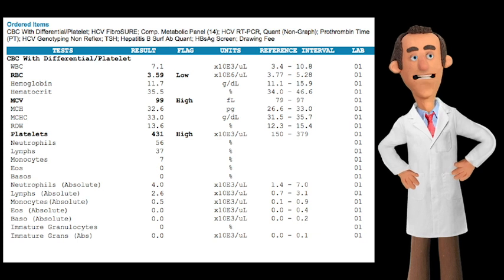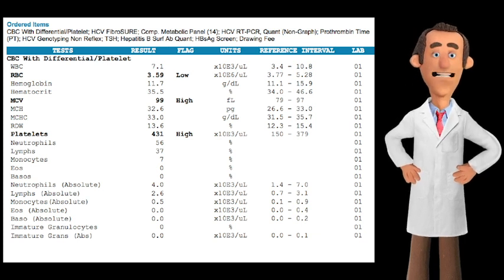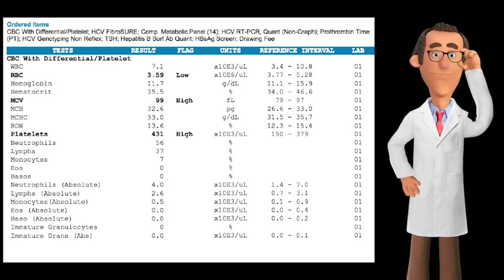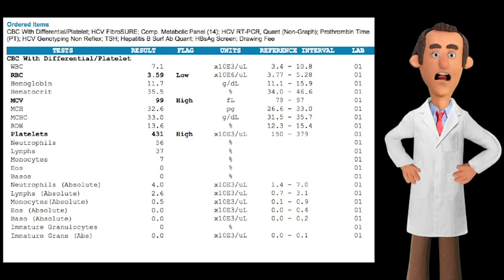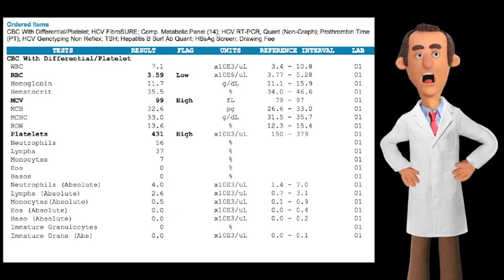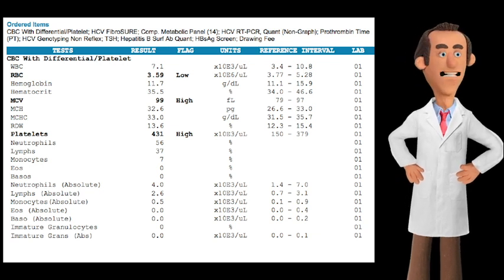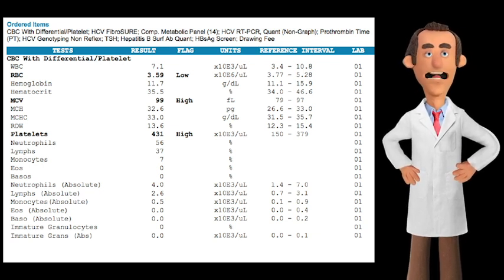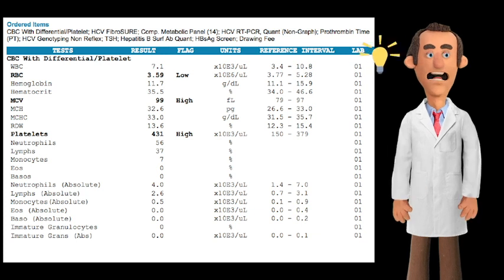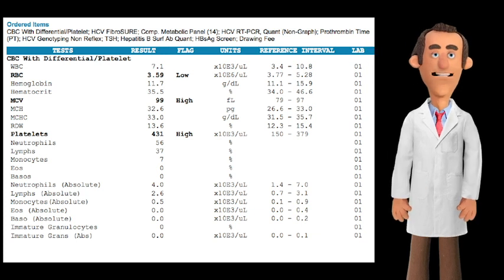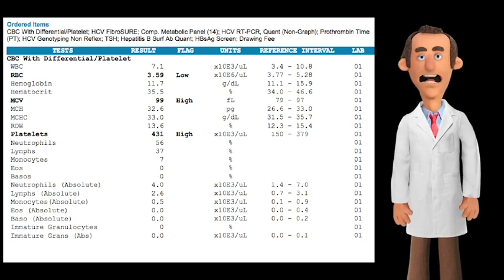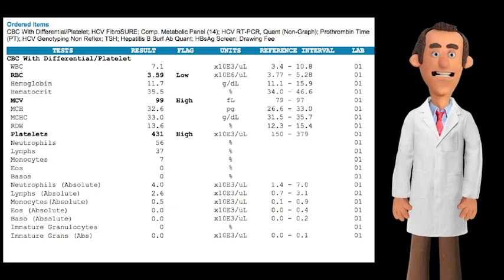With the macrocytic anemia, the next thing we want to do is check out the red cell distribution width. If you come down a little bit further, you see RDW is 13. That's within normal limits. And so we are pretty confident that the average size of the cell is large without a bunch of smaller cells in there.